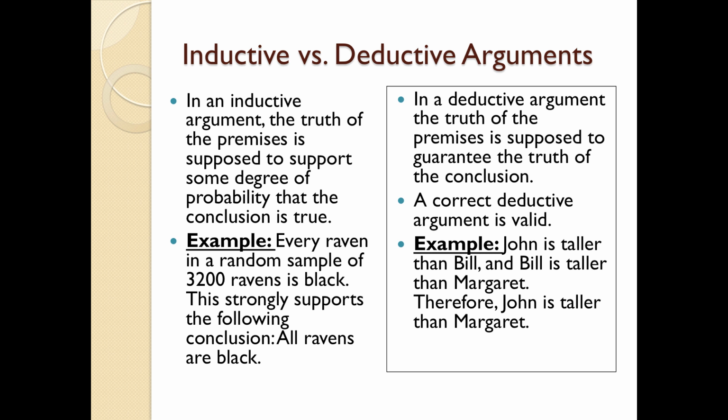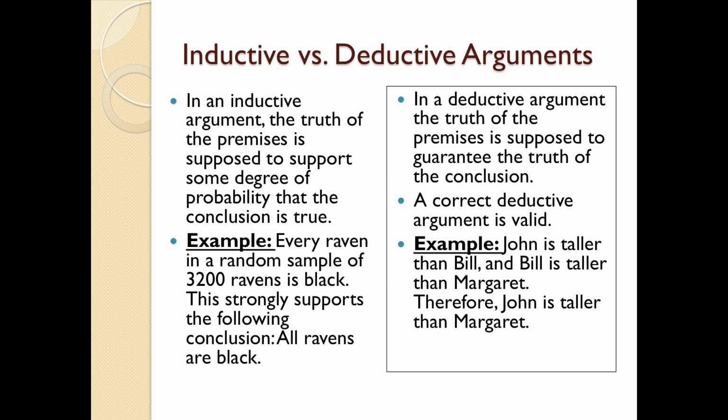However, in a deductive argument, the truth of the premises is supposed to guarantee the truth of the conclusion. And so a correct deductive argument is valid. So the language of validity and invalidity can really only be associated with deductive arguments. So here's a very clear-cut example. John is taller than Bill, and Bill is taller than Margaret.